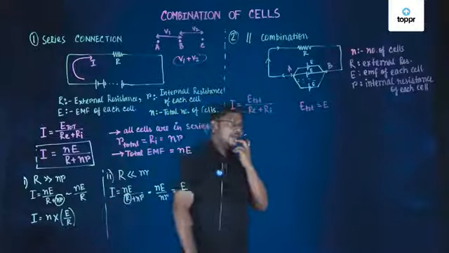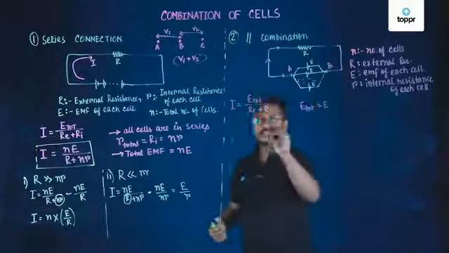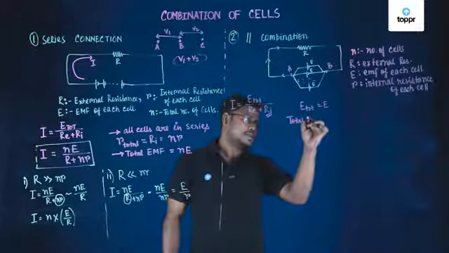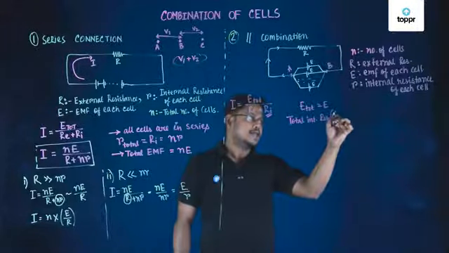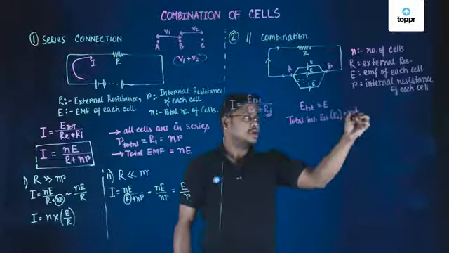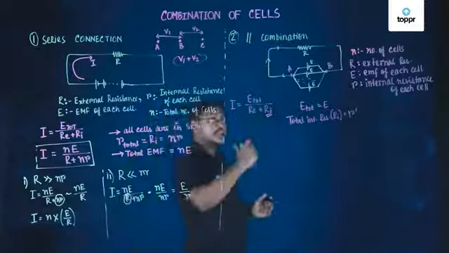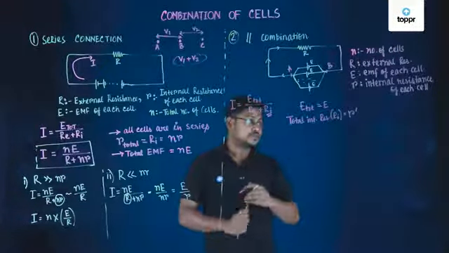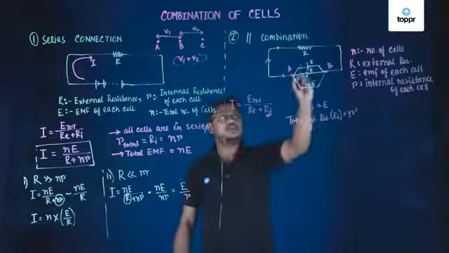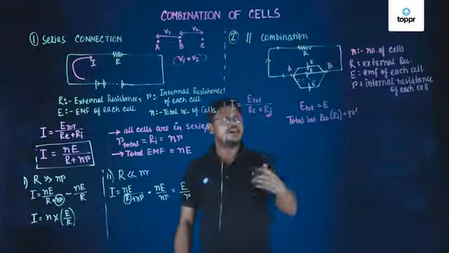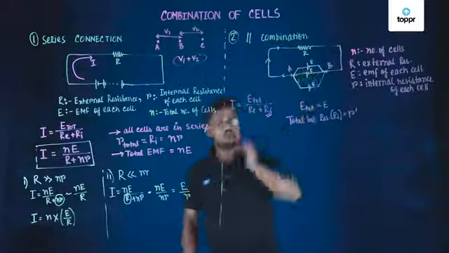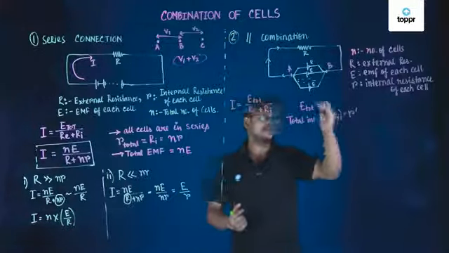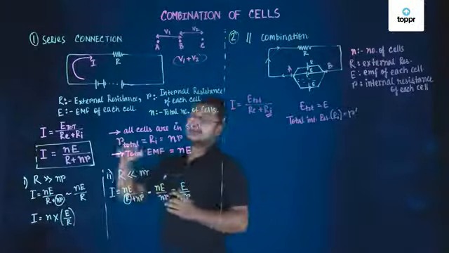Now let's calculate the total internal resistance, say R dash. We have assumed that there are n number of cells connected in parallel. When you connect all the cells in parallel, the total effective resistance can be found by applying the formula for resistances connected in parallel.